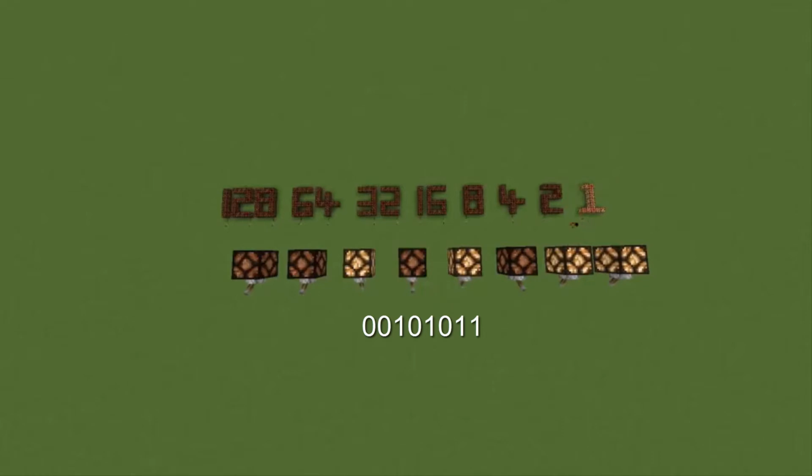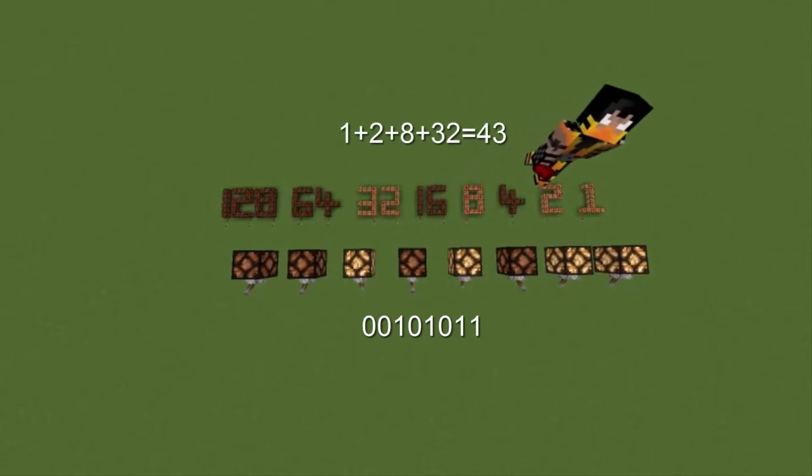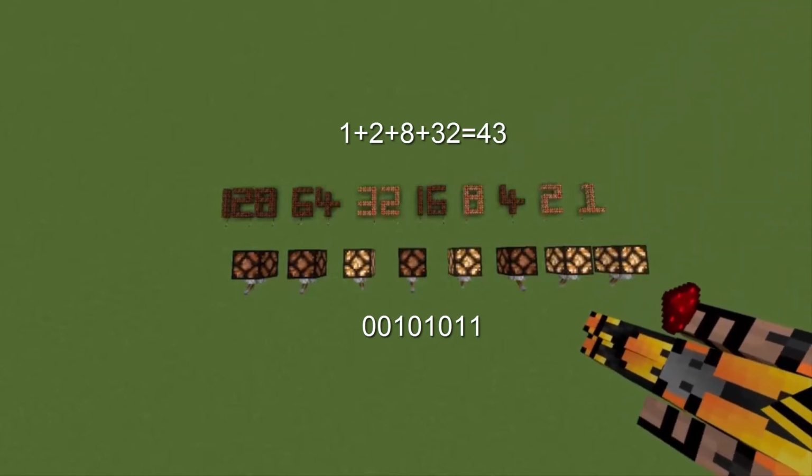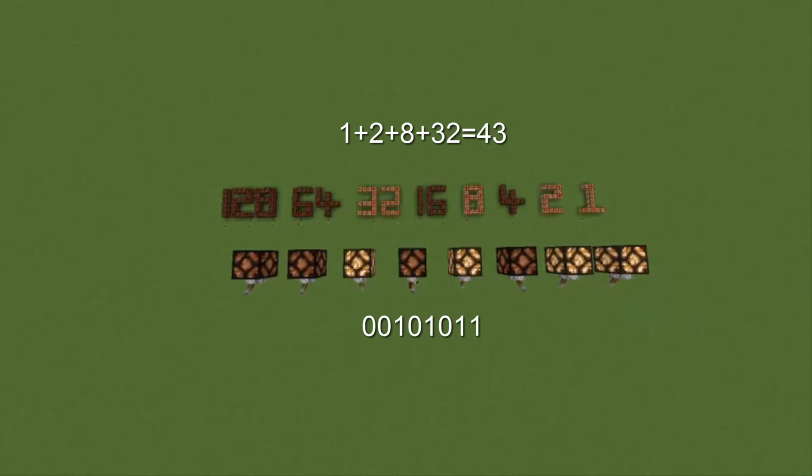Starting from the right, in decimal this means 1 plus 2 plus 8 plus 32, which equals 43. As you can see, binary numbers double each time from the previous number, making them easy to convert back to decimal. Now let's try a different example.